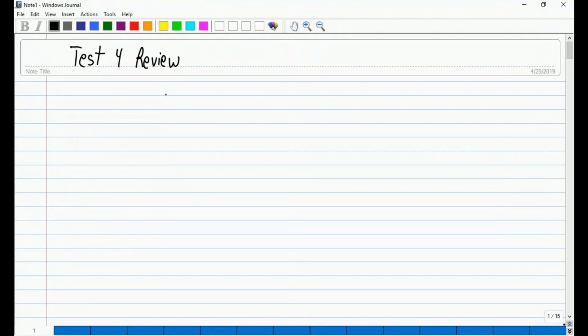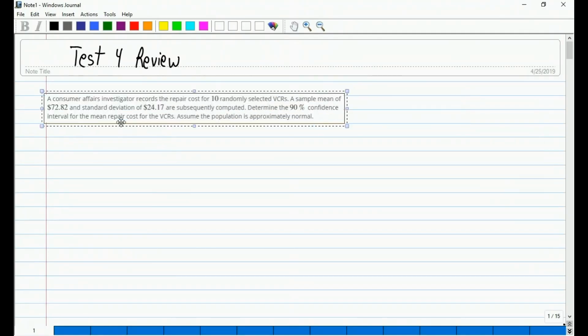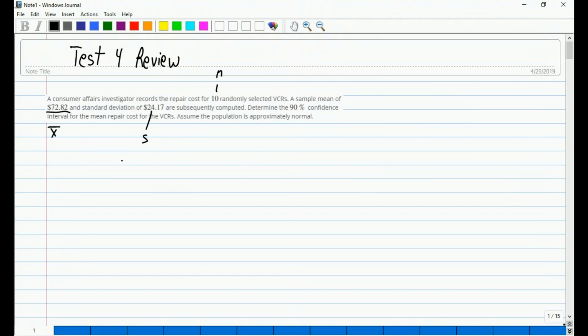So we got n equals 10, sample mean x bar 72.82, standard deviation. That's from a sample, so this is a t distribution, and we need to determine the 90% confidence interval.